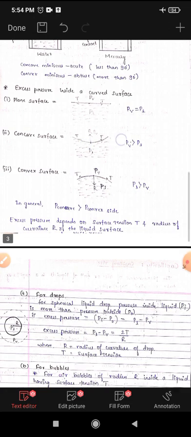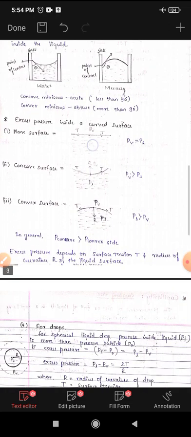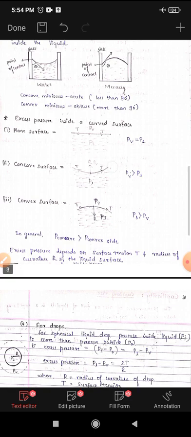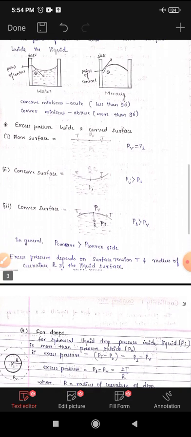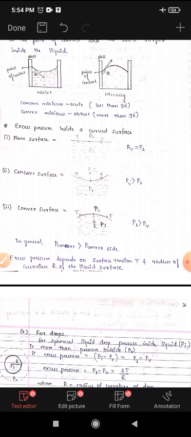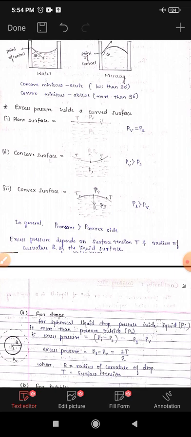So this round shape will have a radius, or when we complete this round shape to a full circle, whatever the radius will be, that is the radius of curvature, and the excess pressure depends on that also.